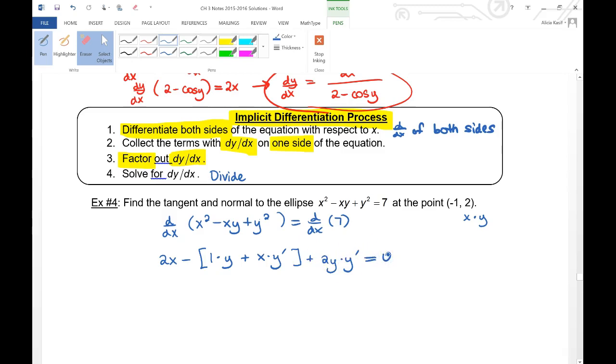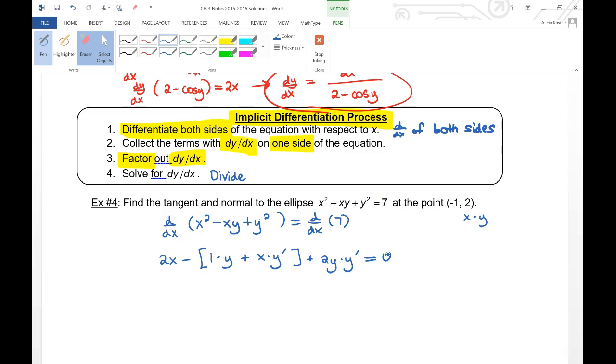Notice because it was the product rule, I put brackets around it just so we could keep everything. So we're okay with the 2x and then the minus sign. I didn't want to have to distribute the minus just yet. If it's x times y, derivative of x is 1, keep the y the same.